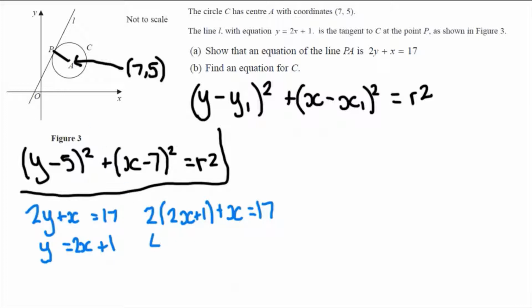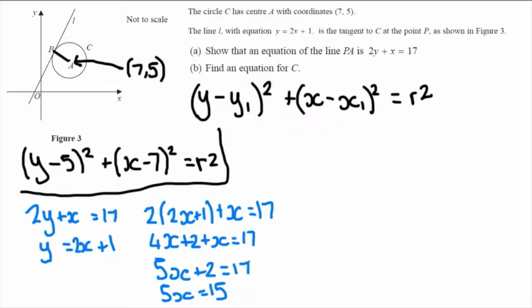Alright, so expanding, we get 4x plus 2 plus x equals 17, and then simplifying, we get 5x plus 2 equals 17, and then rearranging, we get 5x is equal to 15, so then we can now solve to find that x is equal to 3.